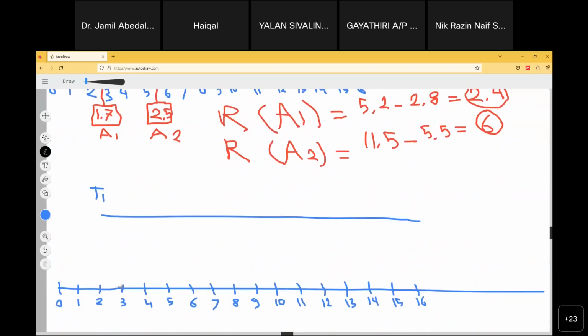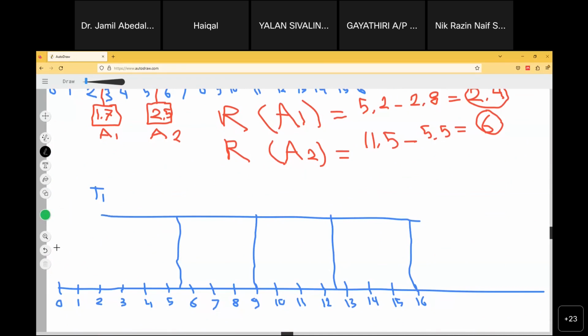So 1, 2, 3 and half. This is the first interval. Then half, 1, 2, 3. Next, 1, 2, 3 and half. Half, 1, 2, 3. Okay, this is the task 1.